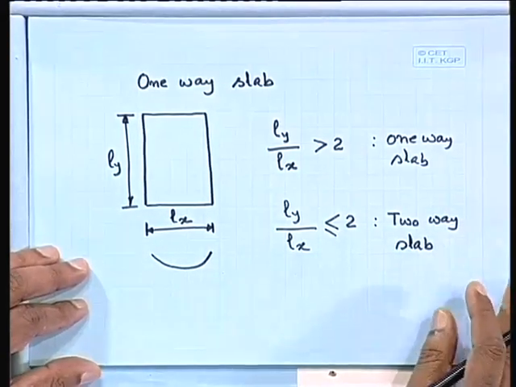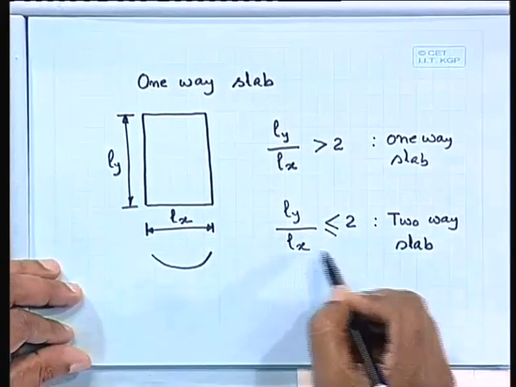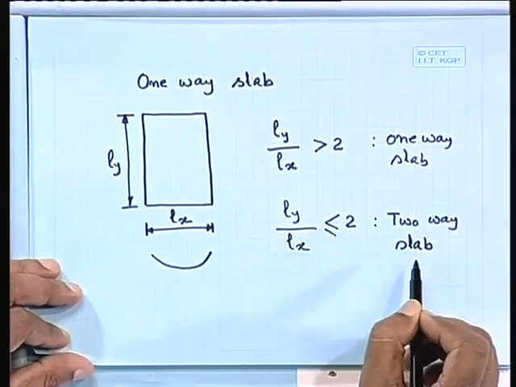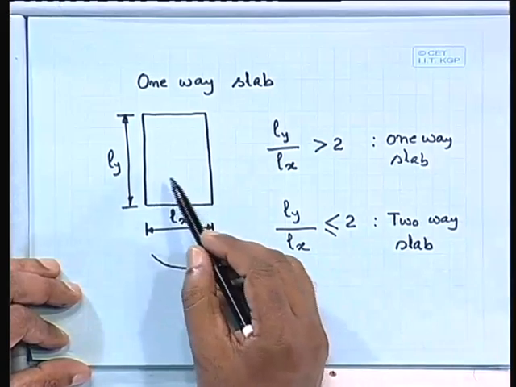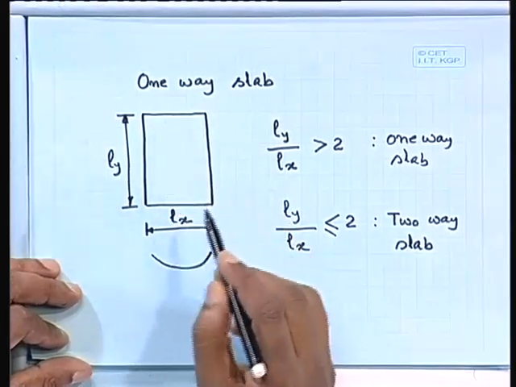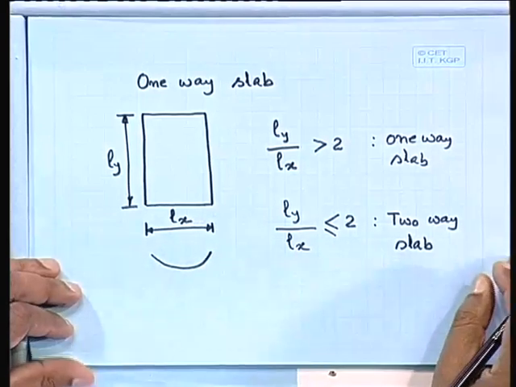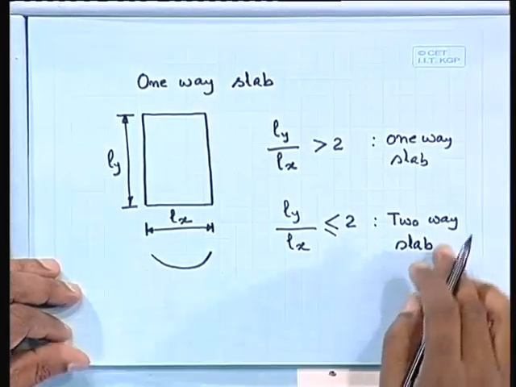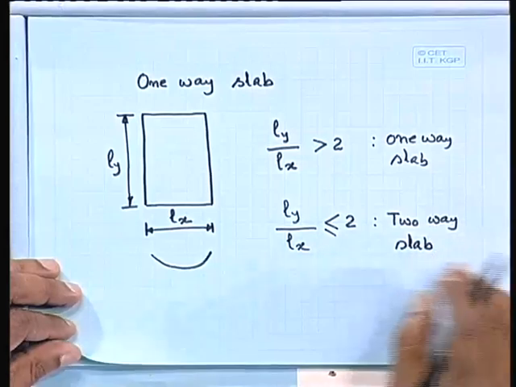So, in our case, Ly by Lx less than or equal to 2 is a two way slab. That means it is not fully taken by Lx, the shorter direction; the other direction also takes a certain portion of the load, and today we shall find out how to design that.